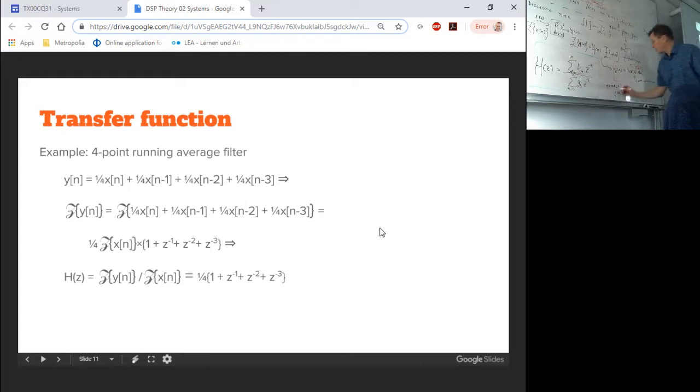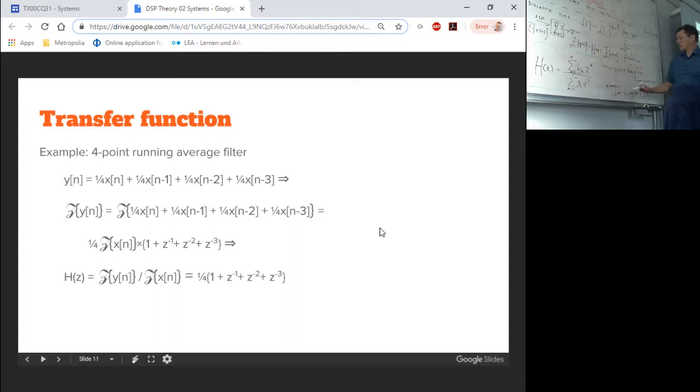If you would just do a simple comparison, a0 is the term which multiplies the no-delay term of output, which is 1 in most cases. Down here we have 1. And upstairs we have b0 is 1/4. b1 is multiplying this term, that's also 1/4.